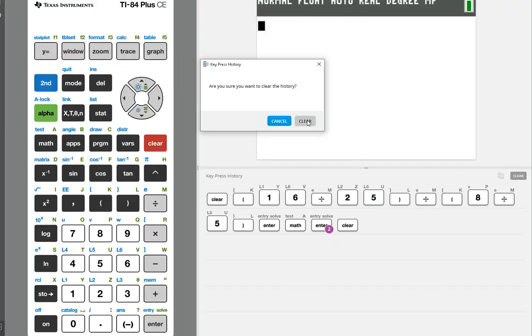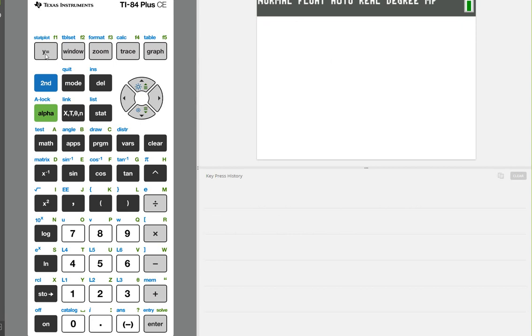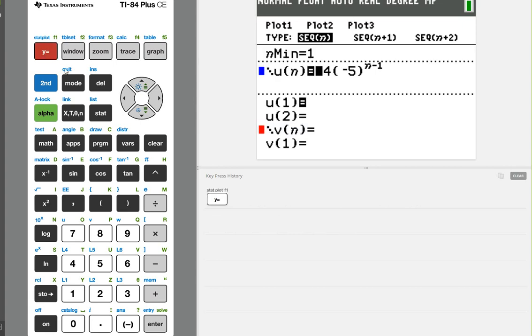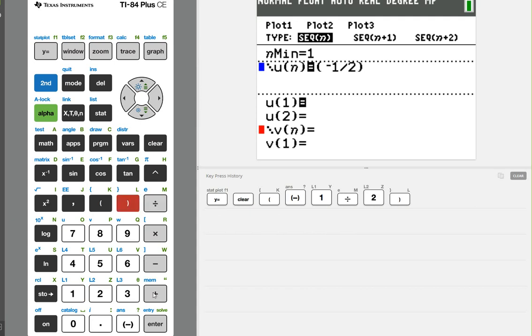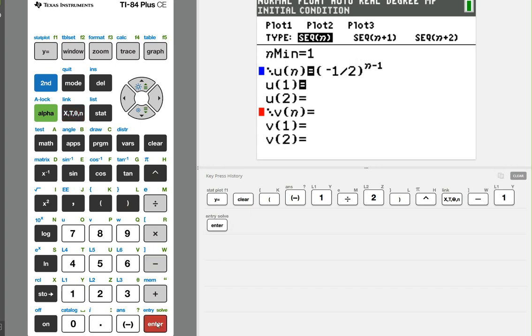I'm sure my colleagues might not appreciate this, but for such a small number like this, let me show you a different approach. Negative 1 divided by 2 raised to the n minus 1. I need to figure out where that's going to give me negative 1 over 512.